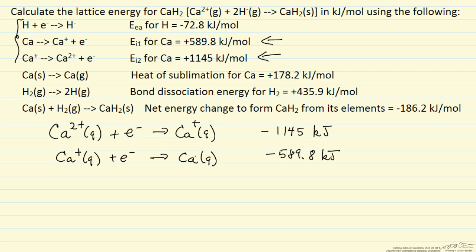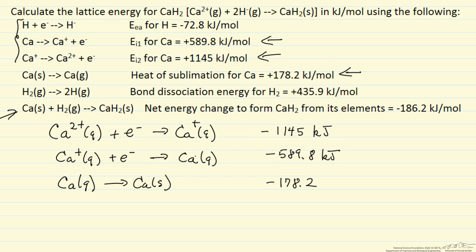And then we're going to take calcium in the gas phase and condense to make the solid, and we're doing this because we can see this reaction, which gives us the calcium hydride solid, requires calcium solid. So that's the reverse of this reaction here, and so therefore delta H is the negative of delta H for that reaction.